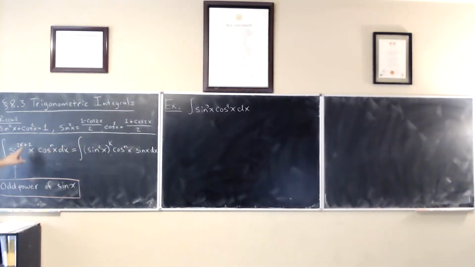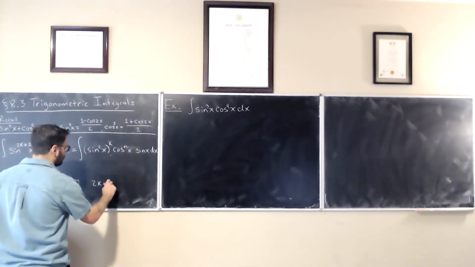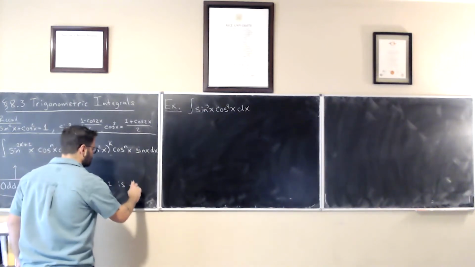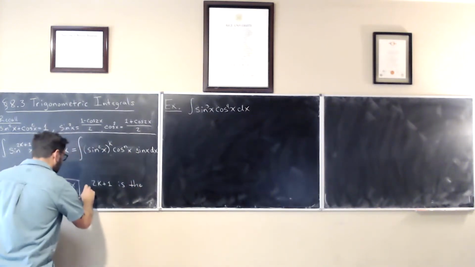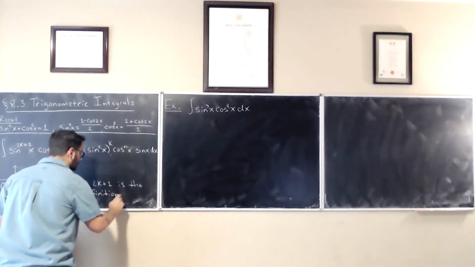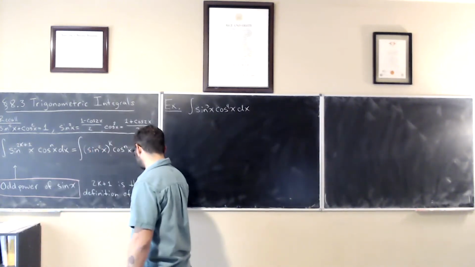If you're unfamiliar with it, 2k plus 1 is the definition of being odd whenever k is an integer. So if that looks strange to you, that's all that's saying, of being odd.